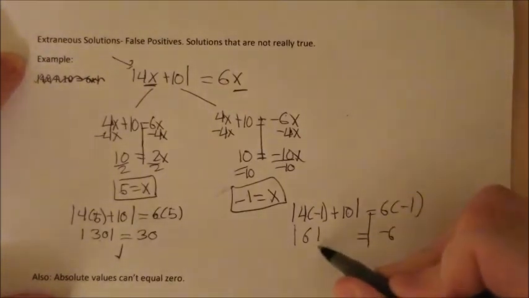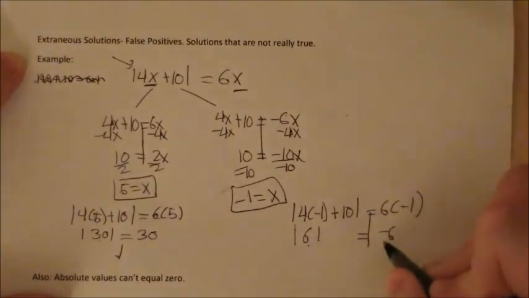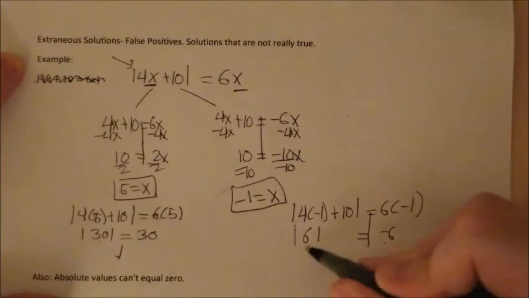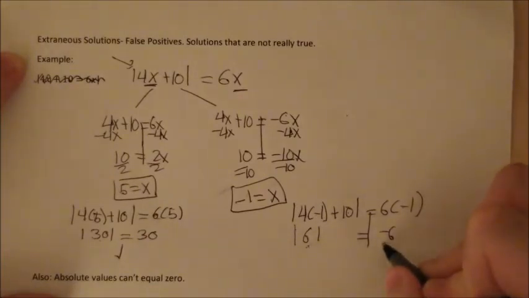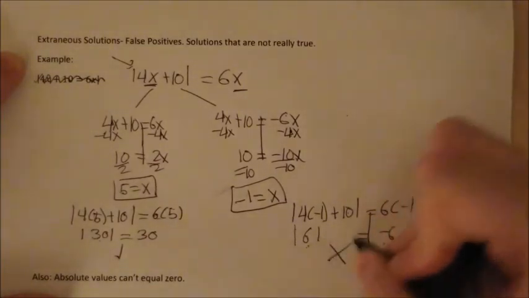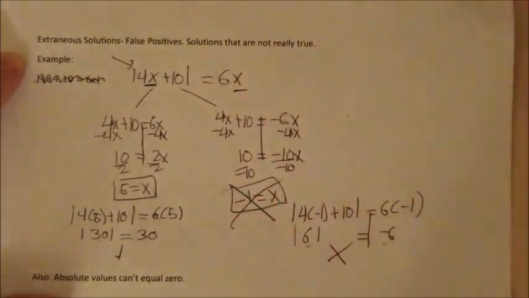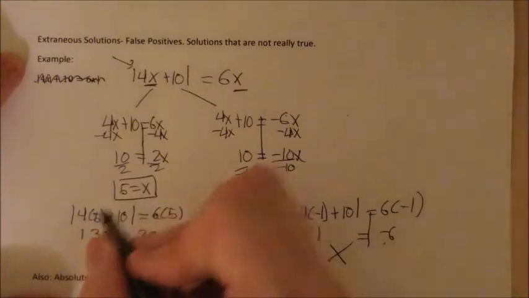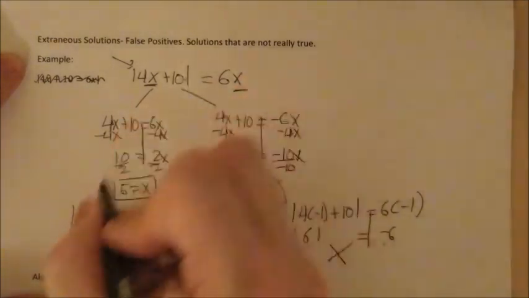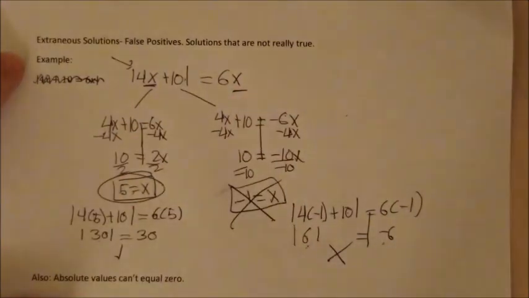I mean, is the absolute value of 6 -6? Is 6 on a number line -6 away from 0? No, it is not. So this is not a solution. So we basically would cross it out. So the only answer to this original equation is this one. So it is possible when you get your answers that one of them could be false. So that is why I'm telling you need to check your answers.